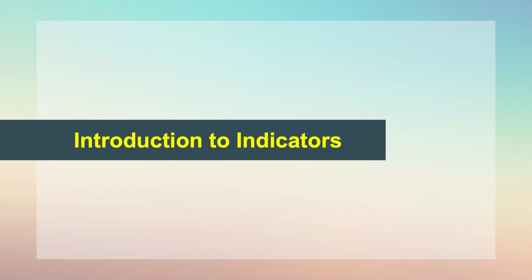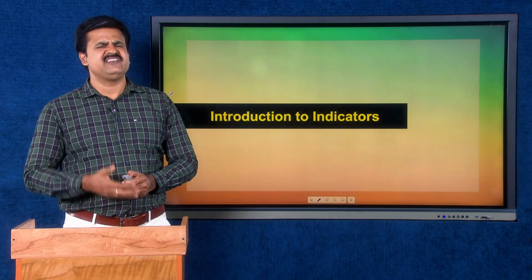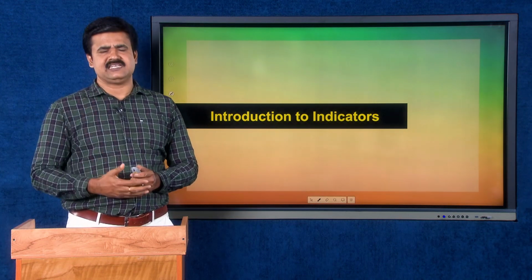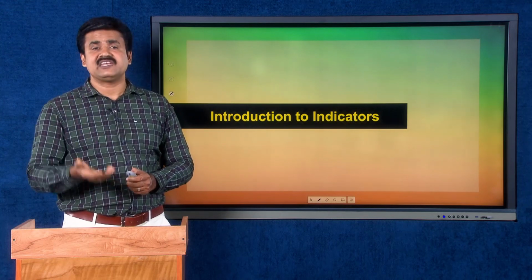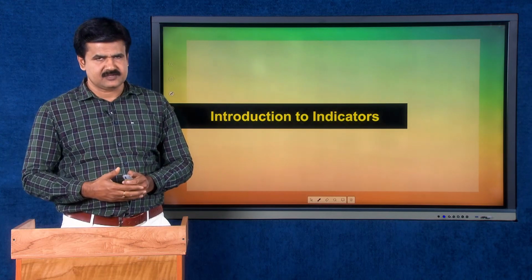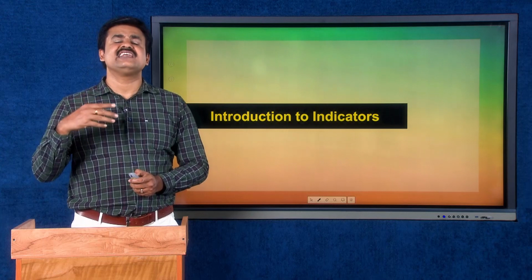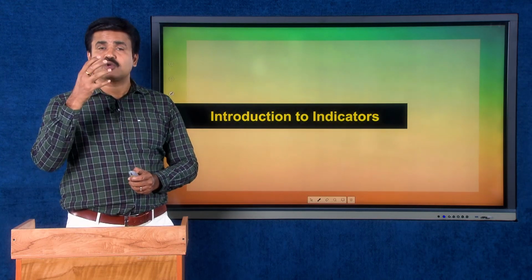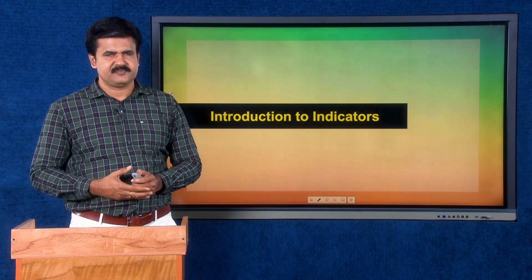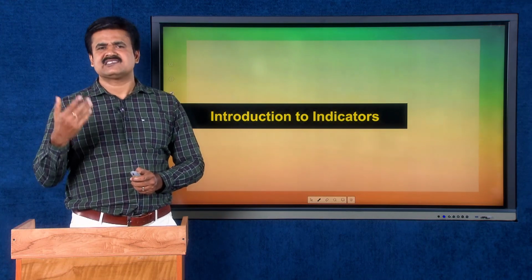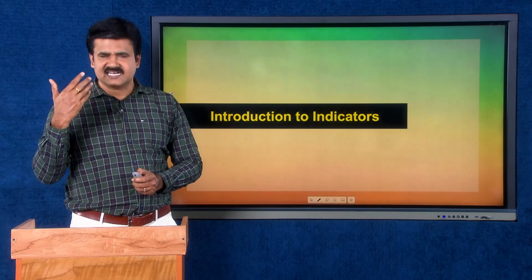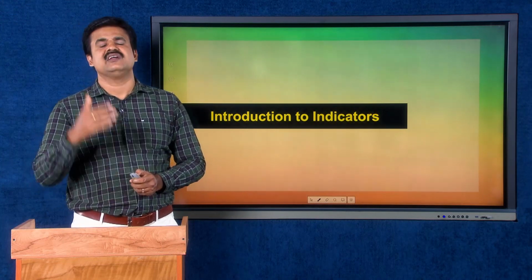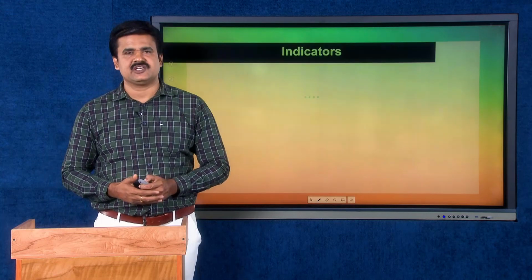Now, introduction to indicators. We just heard about the term indicators. Indicators are materials which are used to find out the end point of a reaction. End point is an indication of the equivalence point, very close to the equivalence point. So, with the help of some color changing reagents known as indicators, it is possible to find out the end point of a reaction.